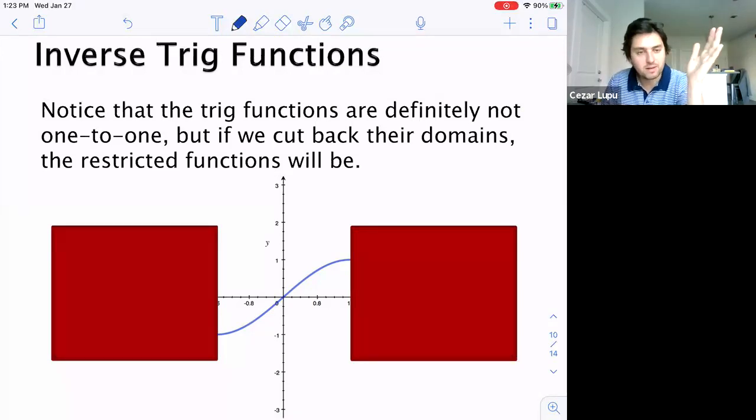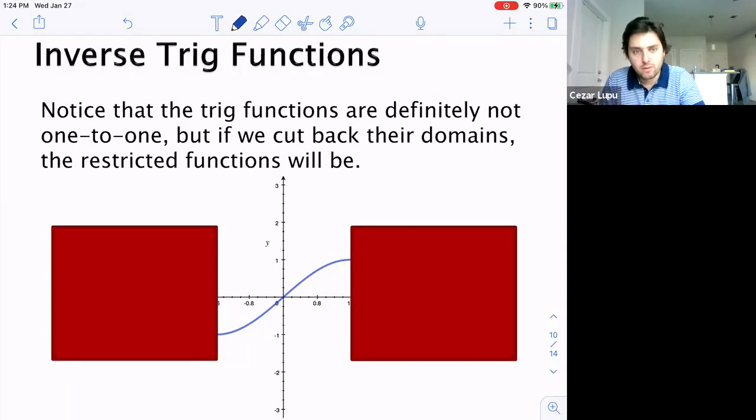And not just that, because these functions are a little bit more complicated. Even when you looked at f of x equals x squared, you've seen that that function is not one-to-one if we define it on the entire real line.